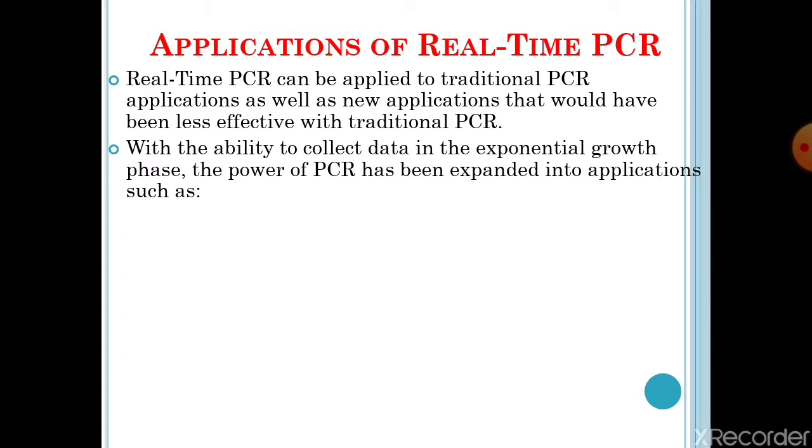Real-time PCR can be applied to traditional PCR applications as well as new applications that would have been less effective with traditional PCR.